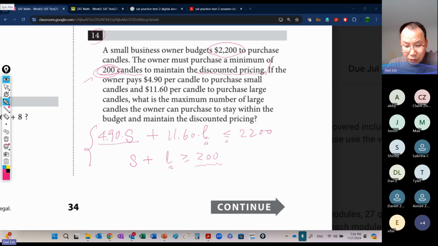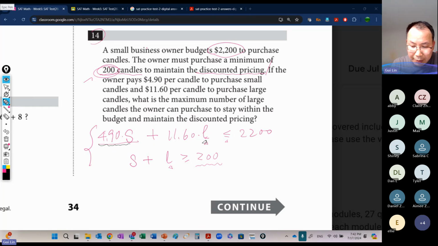Did you guys do these kinds of questions before? No? Yes? Okay, we can do it this way. Everyone knows how to do an inequality system. We can do some translation.